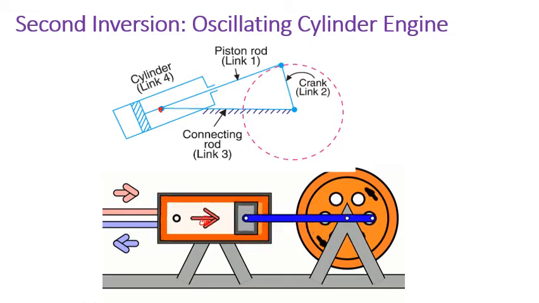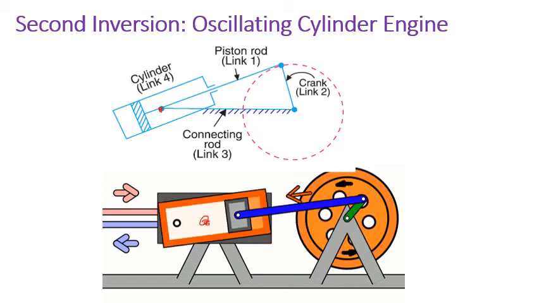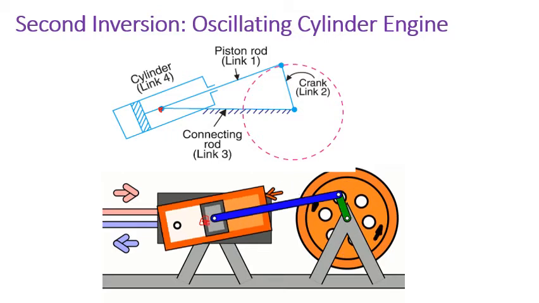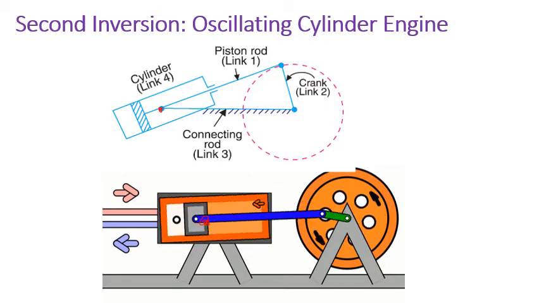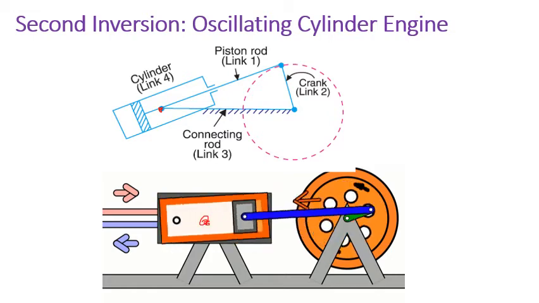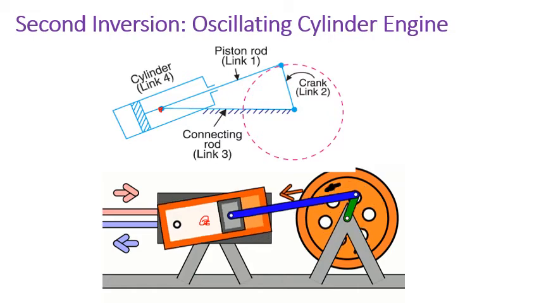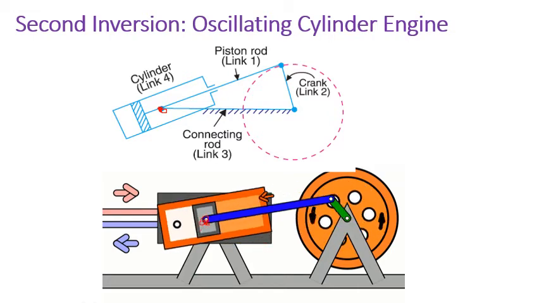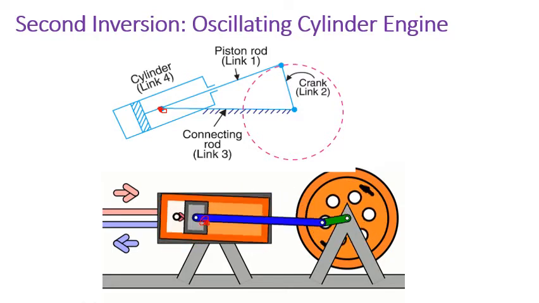When the crank, that is link number 2, rotates, the piston attached to the piston rod or connecting rod reciprocates, and then the cylinder oscillates about a pin pivoted to the fixed link at this point. So this is nothing but an oscillating cylinder engine.